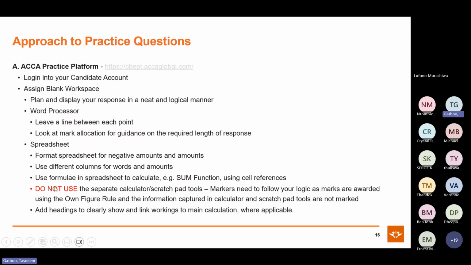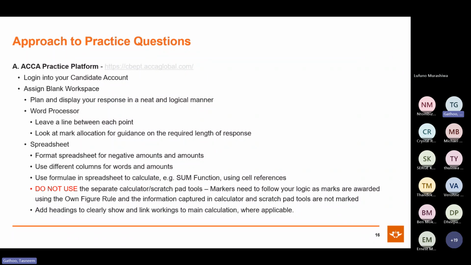Then you will see when we go into the practice platform that there is a separate calculator function and a scratchpad function on the side. I want to urge you not to use those functions and rather put formulas into your spreadsheet, because the markers are not going to see your scratchpad.